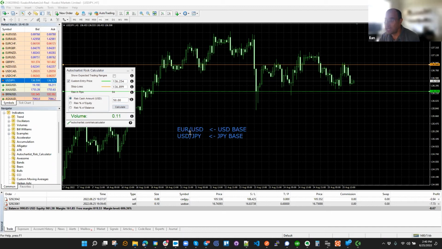So the only ones where $1 equals 1 pip is something that is in the form XXX USD. In those situations, it's $1 a pip or $10 a pip, depending if you have a standard account or a mini account or a micro account, right? It even gets lower than that.